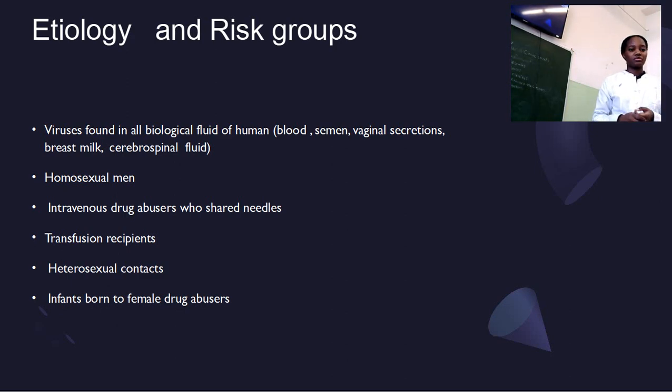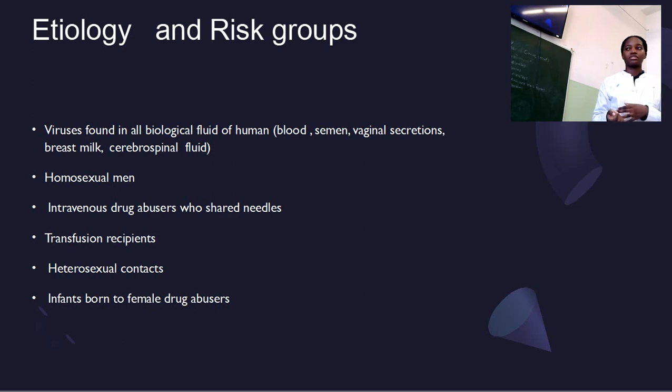Etiology and the risk groups of AIDS. The virus is found in all biological fluids such as the blood, semen, vaginal secretions, breast milk, and cerebral fluid. The main risk groups are homosexual men, because there's no protection, and intravenous drug abusers who basically share needles.